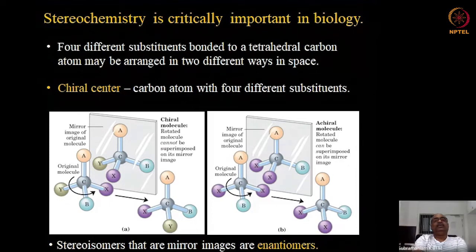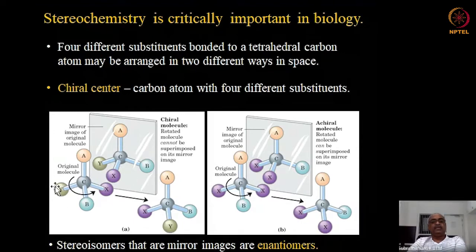And the second one is the chiral center, where, as shown in this figure, you have a carbon atom to which four different groups are attached. You have A, B, Y, and X. Now if you keep a mirror next to this, let us say you made this ball and stick model using balls and sticks, you will get a mirror image like this.